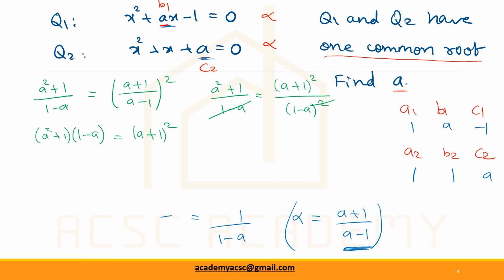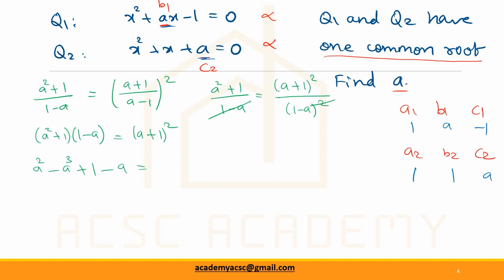So let us check out what we are actually getting. After expanding this, we get a squared minus a cube plus 1 minus a equal to a squared plus 2a plus 1. So now a squared is cancelled out, 1 is cancelled out.